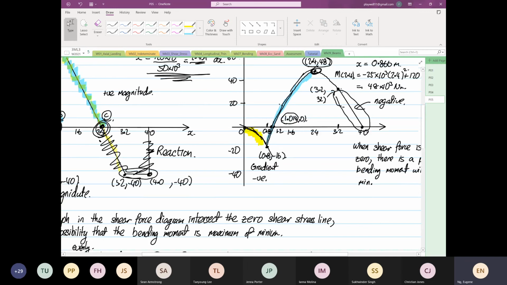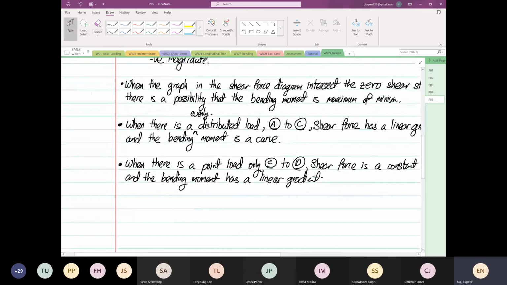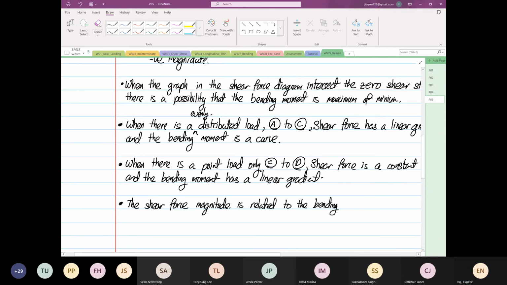So a thing to observe over here is this. Okay, so what do we see? The shear force magnitude is related to the bending moment gradient.